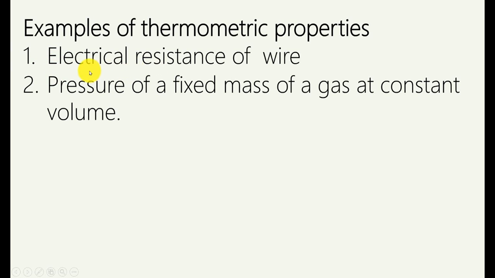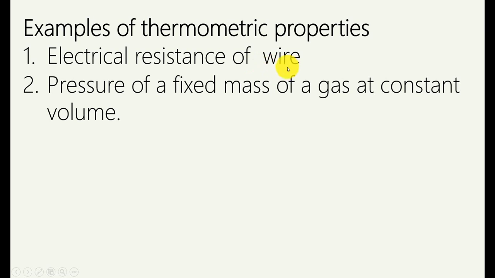You know very well that the electrical resistance of a wire, if you take platinum for example, will increase as the temperature increases, and it will increase uniformly and continuously. So that means the electrical resistance of a wire qualifies to be a thermometric property. Please note that I'm not asking for the thermometric substance.